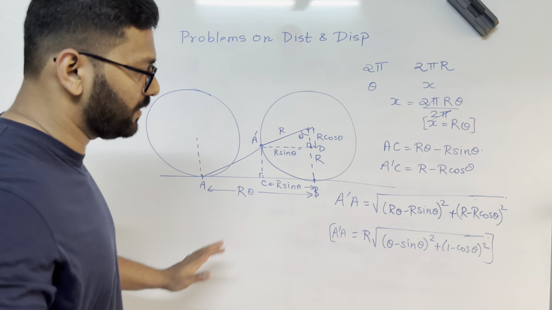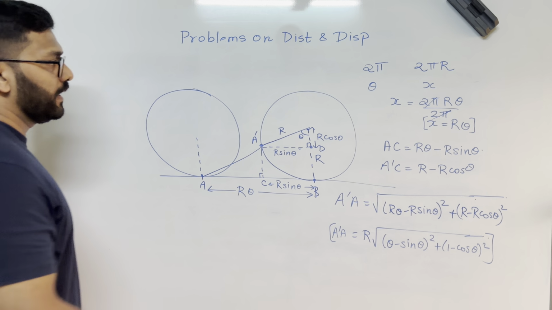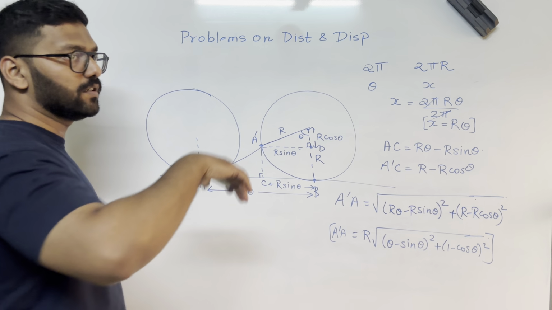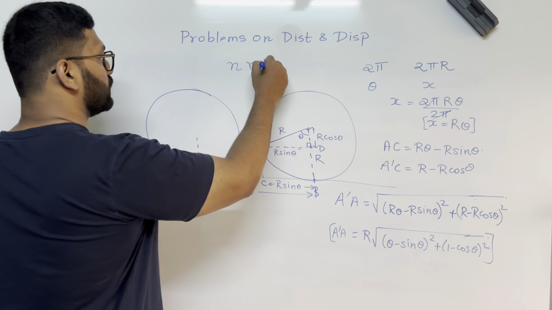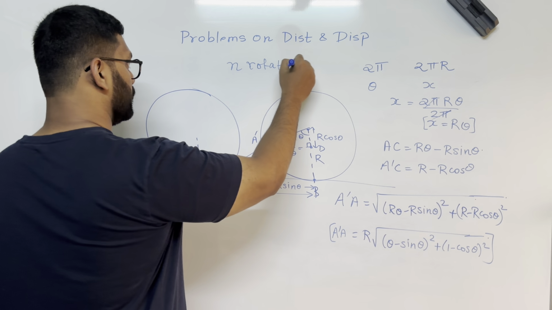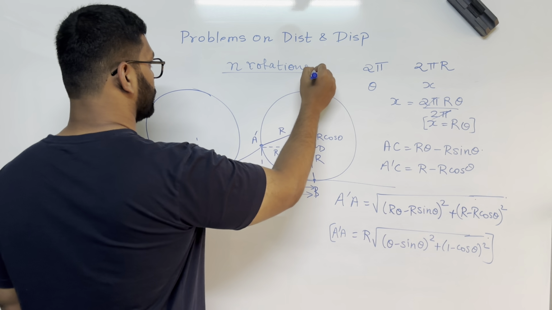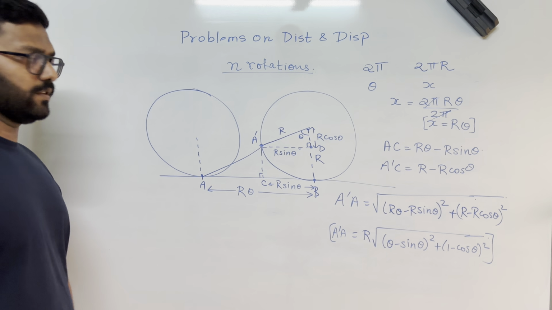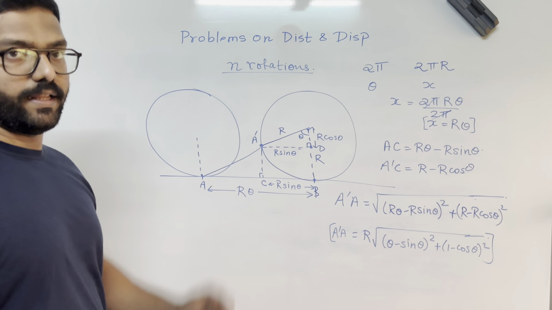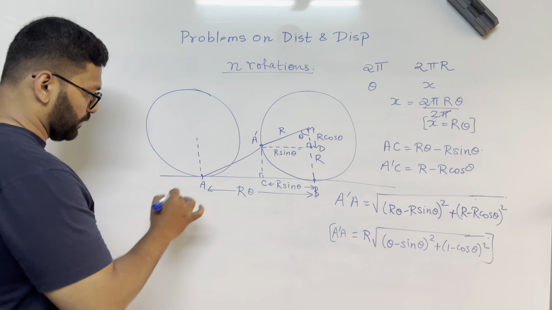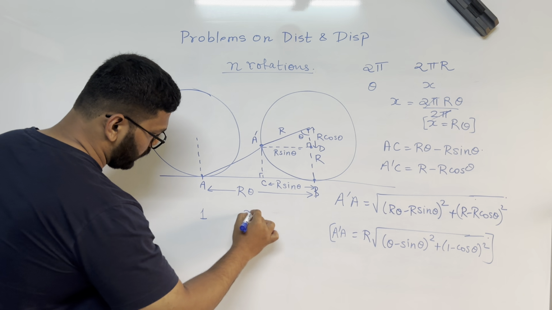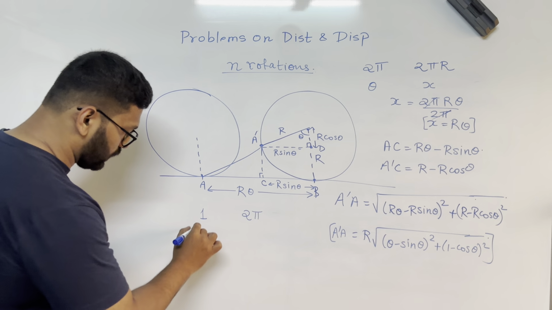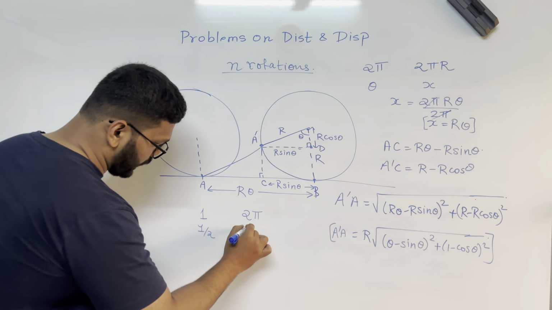Okay, for any general theta. If you want to write in terms of the rotation, maybe they have said it completes n rotations, then what will you do? If n rotations are completed, then simply you convert theta into n. How will you do that? Okay, see, for one rotation, what angle is covered? 2 pi, right? For half rotation, what angle is covered?